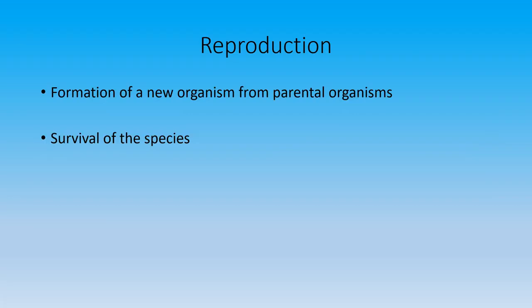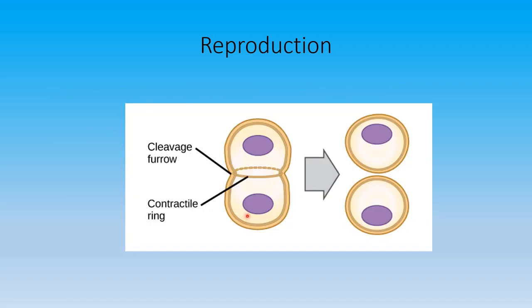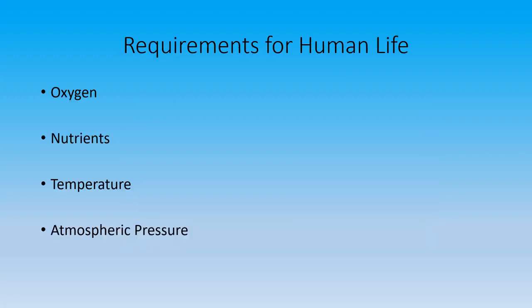Reproduction is the formation of a new individual from those original parental organisms, and the whole purpose of reproduction is survival of the species. So once again, you start with one cell and end up with 2 cells at the cellular level here. For humans, obviously, you have 2 parents, and reproduction ends with a new individual.